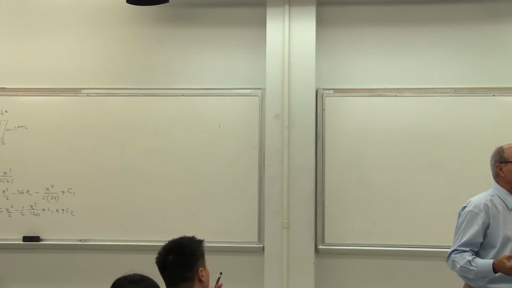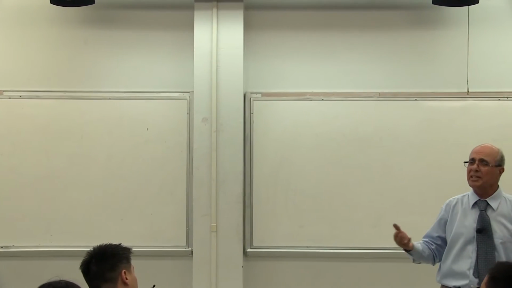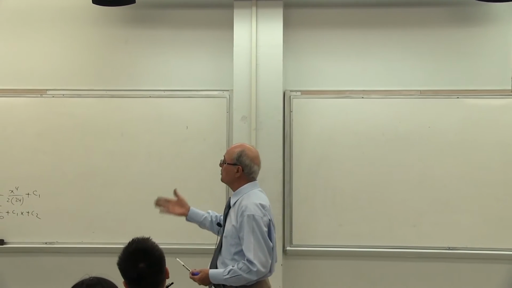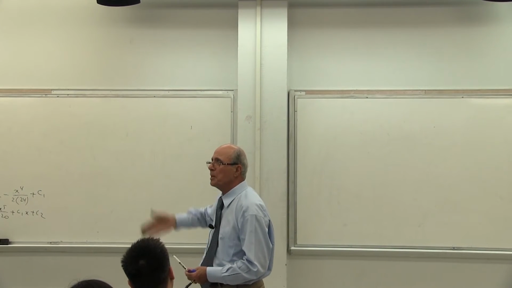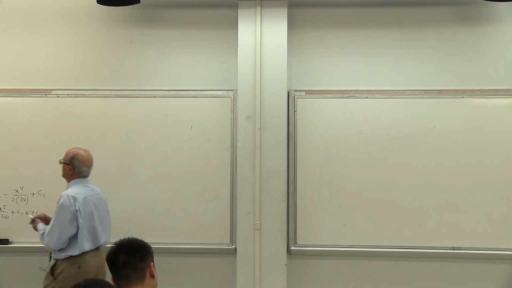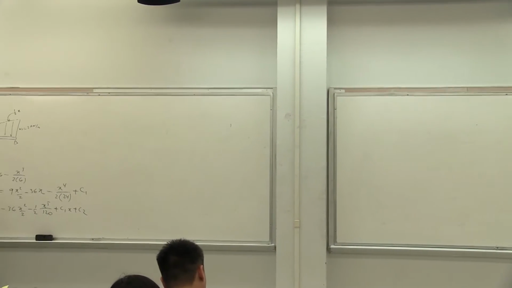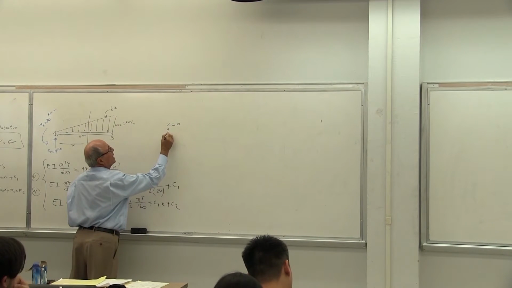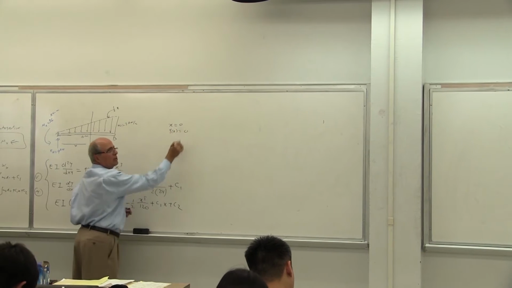Do you remember that statement? That preventing a motion is a boundary condition, yes or no? RA is there because what? Because the beam is not going up and down. So you don't have to go any further. At x equal to 0, y at A equal to 0, yes or no?